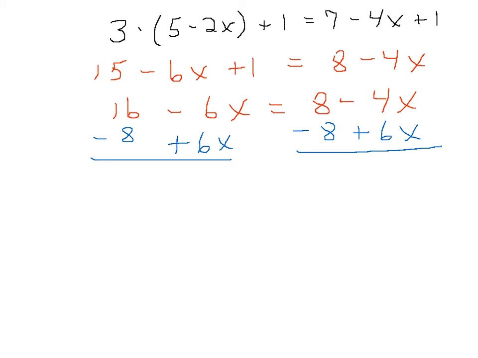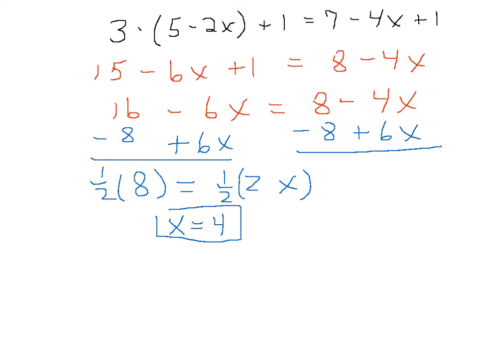See how I can do 2 things in 1? So what I have on the left side, 16 minus 8 is 8, equals, see what I have over here? 2x. Multiply both sides by a half, and I get x is equal to 4. So we almost always want to write x on the left side, just by convention.